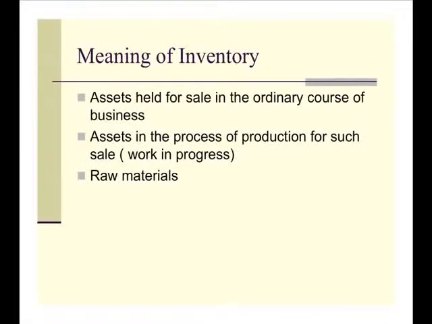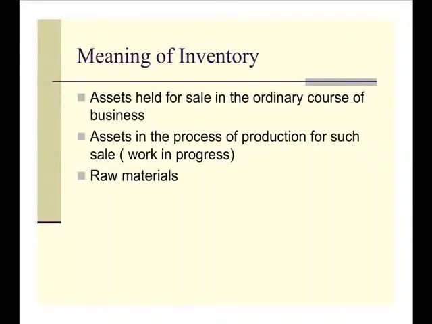Assets held for sale in the ordinary course of business are called inventory. Then again, depending on the nature of the business, we have to determine whether it is inventory or a non-current asset. That is one item, and the other one is assets in the process of production.